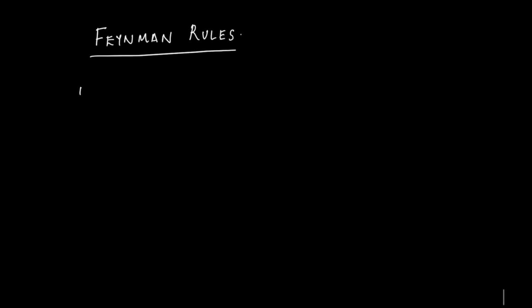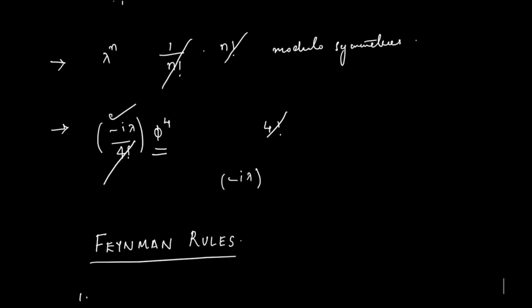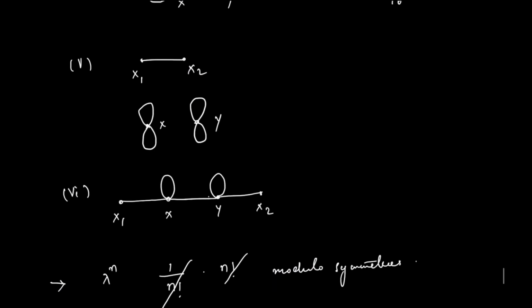So the first Feynman rule says that each external point is associated with a line. For example, in this figure, x1 and x2 are the external points, and you can see that each external point is associated with a line, right?